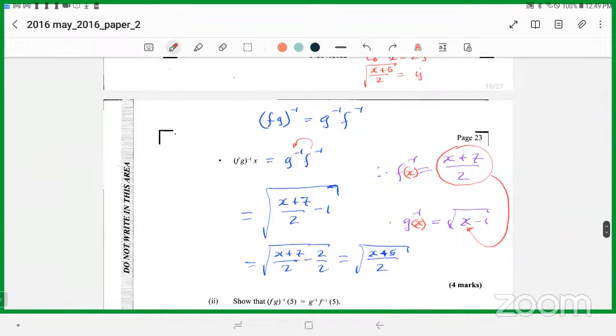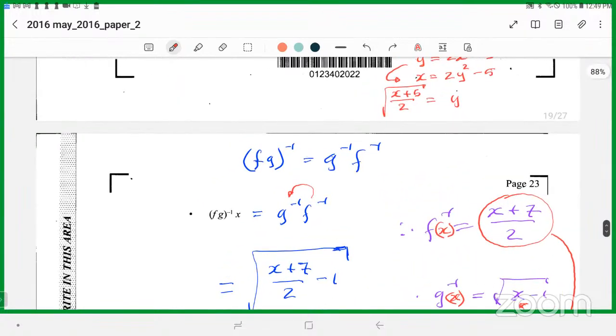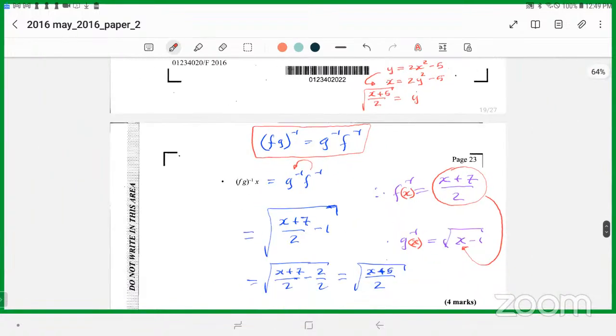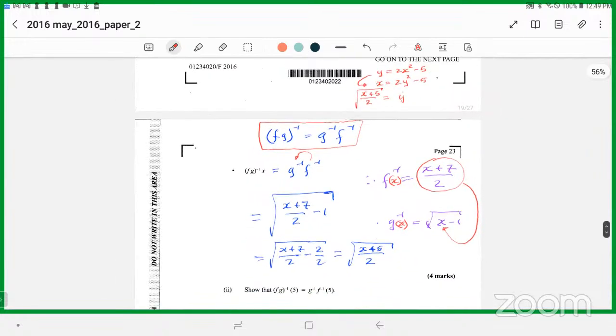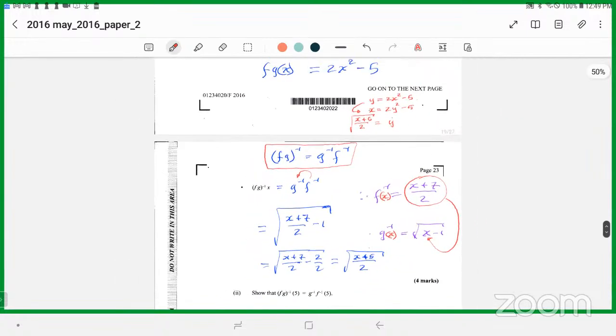But to do this part of the question the easy way, is to use our knowledge of what we have in the box. The more things you know, the better. It's the easier way to find this. It could have been done that way.